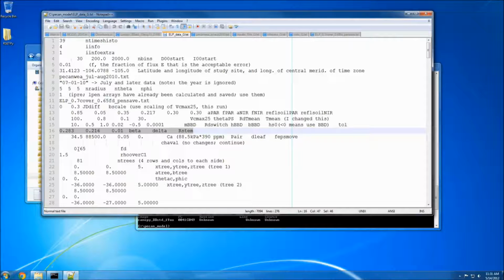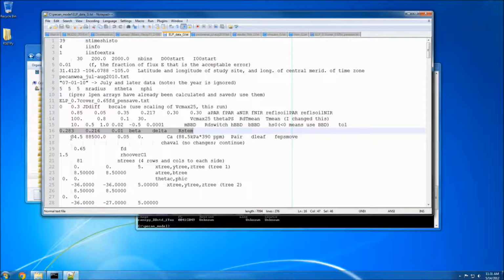It's best probably to look inside the code and some other documents to figure out what these all mean. In the current simulation, they're rather irrelevant. I'm simulating an unstressed canopy.